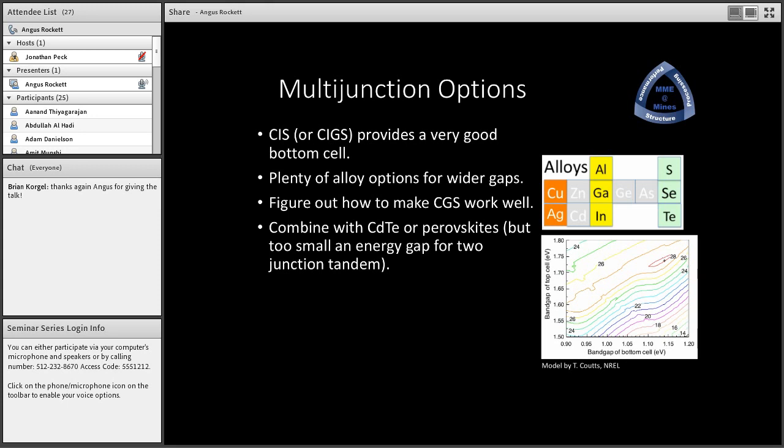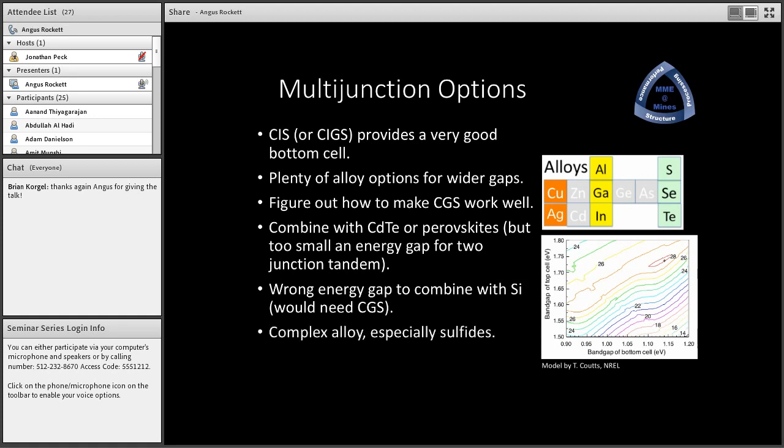We can combine them with other materials like cadmium telluride or perovskites, but in general, those materials have too small an energy gap for a 2-junction tandem, and so we need other materials that we could go even wider gap for a true ternary 3-junction device. In general, the CIGS devices have the wrong energy gap to combine effectively with silicon.